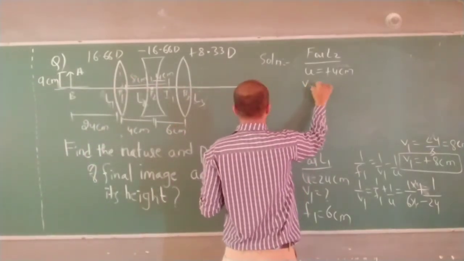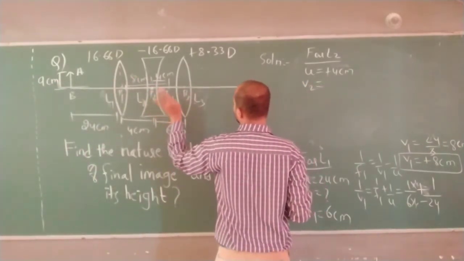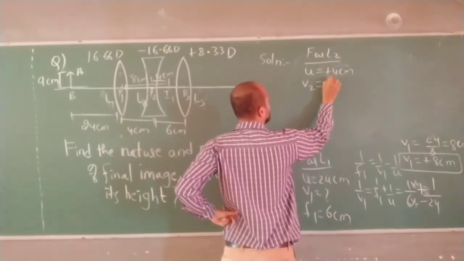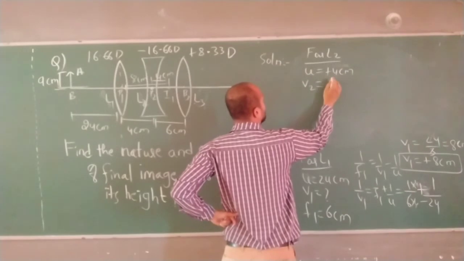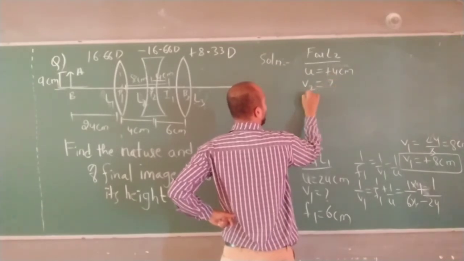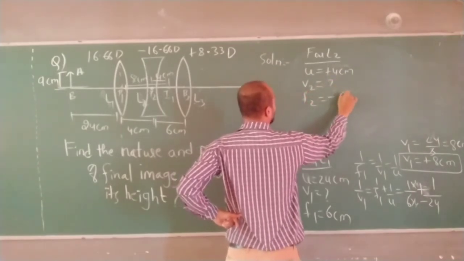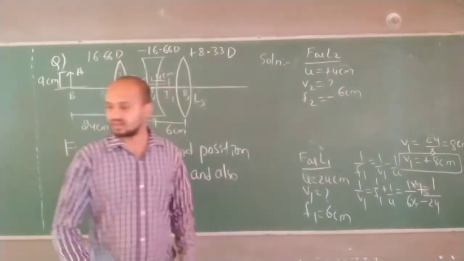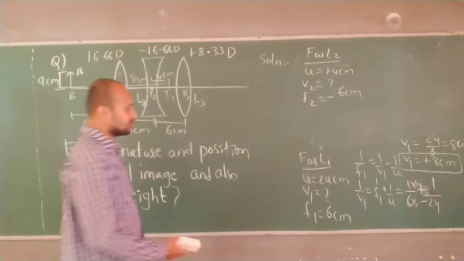We need to find V2, the image formed due to this. F2 is minus 6 centimeter.